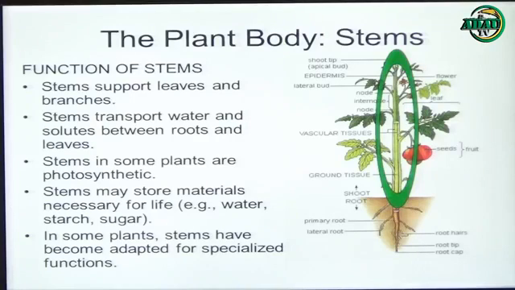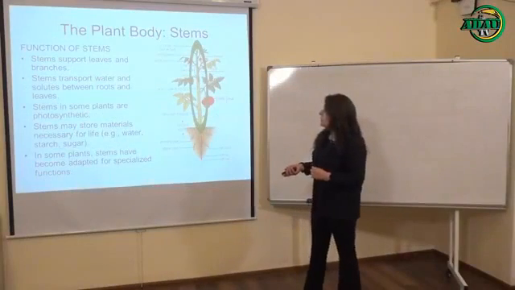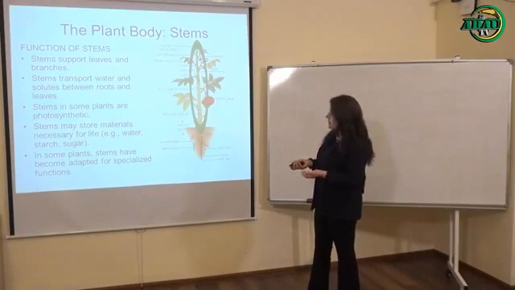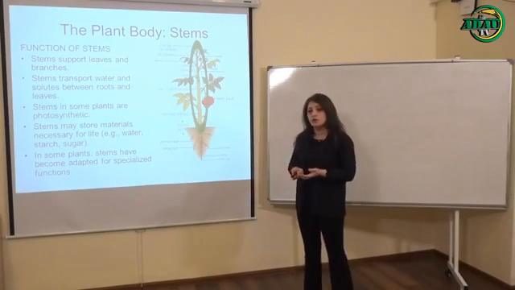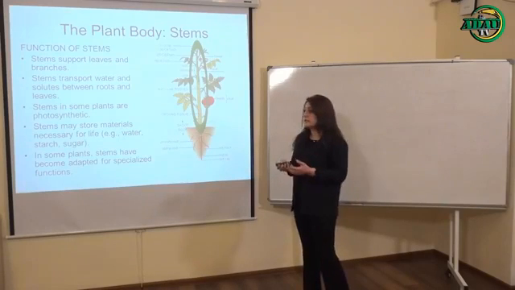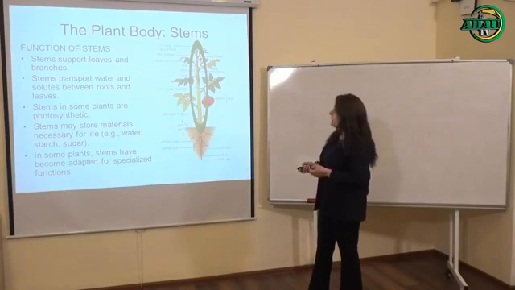The plant uses, for example, as I have already told, the roots use a part of these reserve materials for their own growth and development, for their own respiratory needs, and the rest is transported to other organs of plants when the plant needs it. And so stems may store some organic reserve materials.